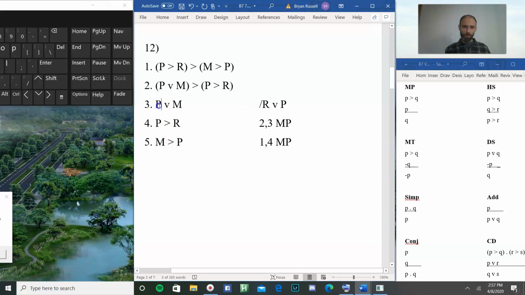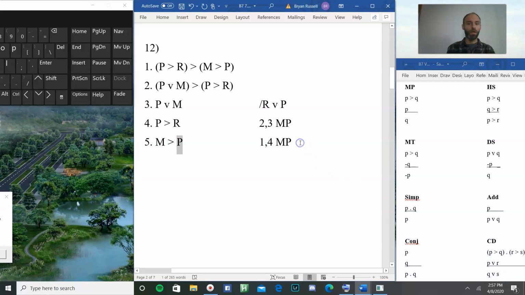And here we have the disjunction P or M, and note those are the antecedents down here. And what we're trying to find is R or P, and note that those are the consequents here. And constructive dilemma tells us if we have the conjunction of conditional statements and the disjunction of the antecedents, we can get the disjunction of consequents.